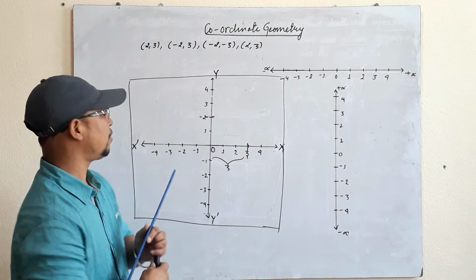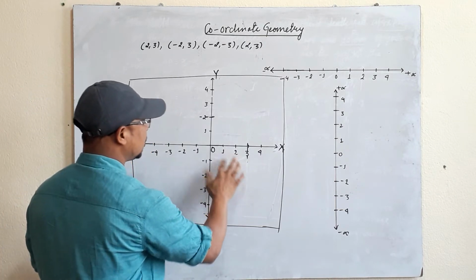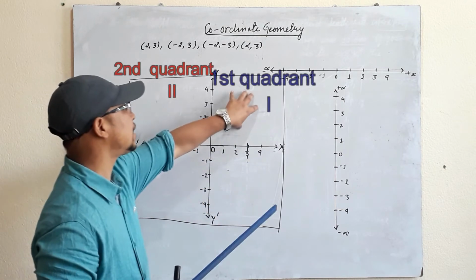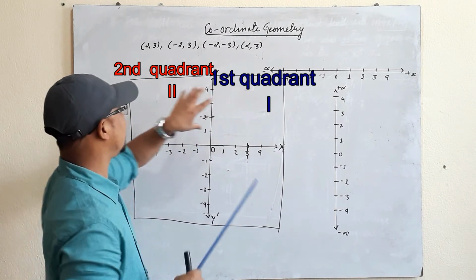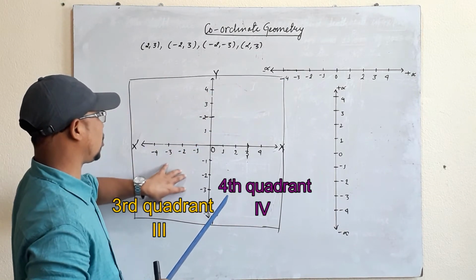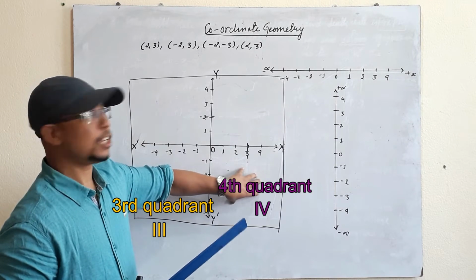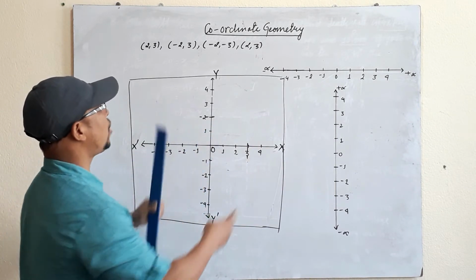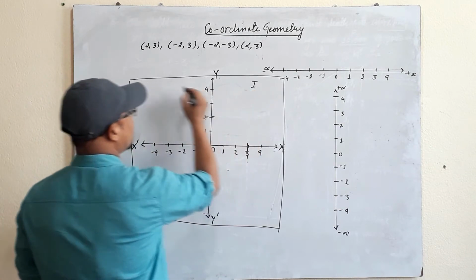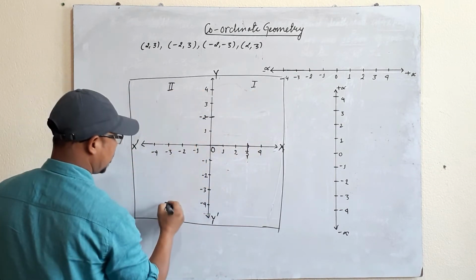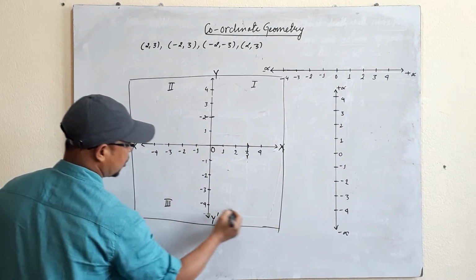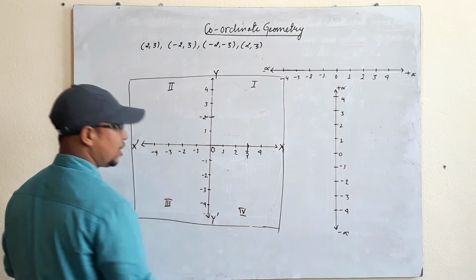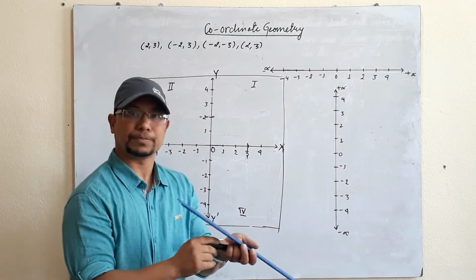Conventionally this is called the first quadrant, this is the second quadrant, this is the third quadrant, and this is the fourth quadrant. You cannot take it in the clockwise direction. It is the convention, it is a rule.